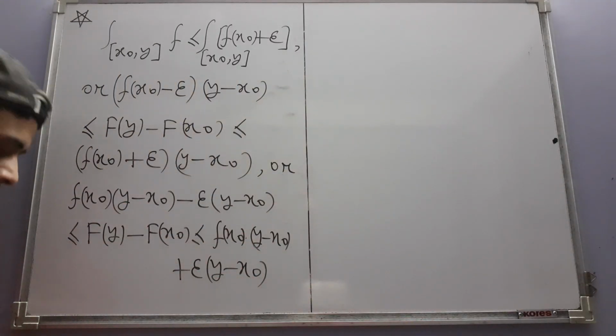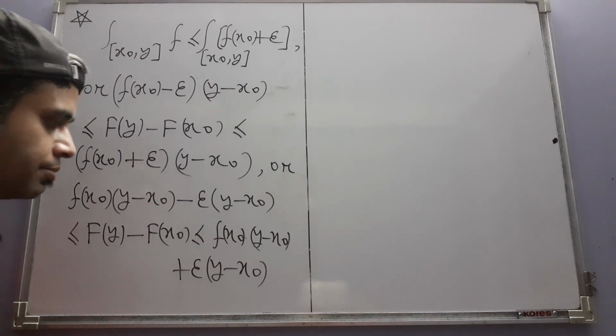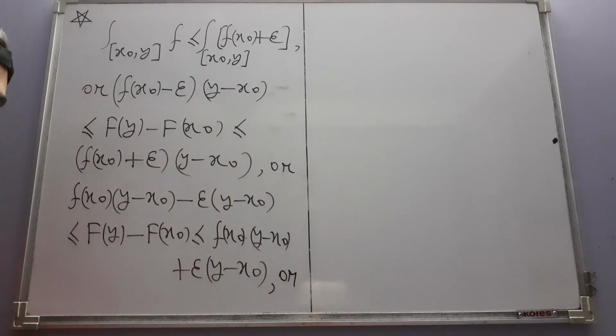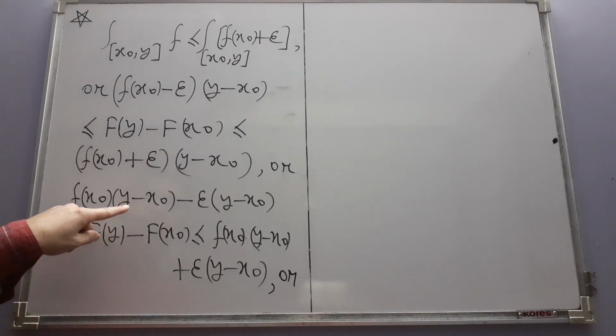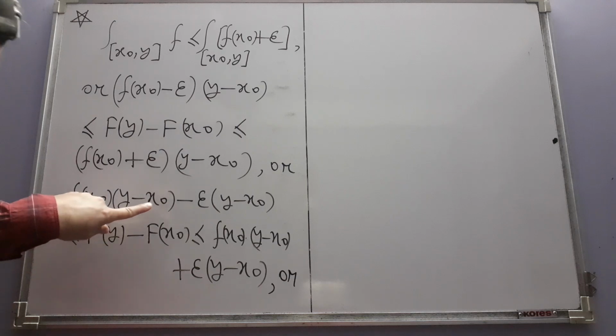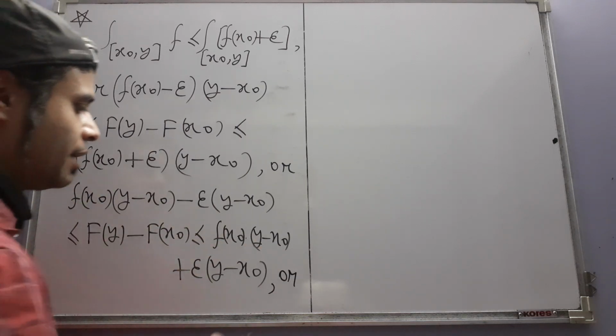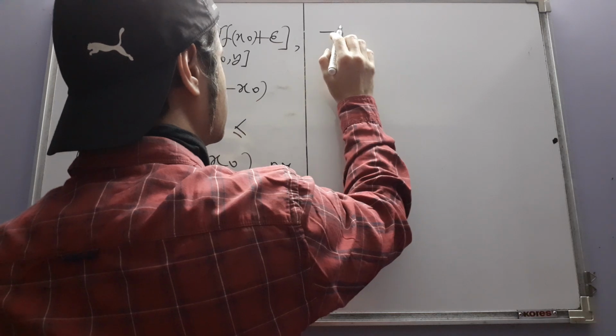Next, what we do, we will continue. If you want, you can also write implies instead of writing ors. We can subtract this quantity from the three terms. That will give us these inequalities.